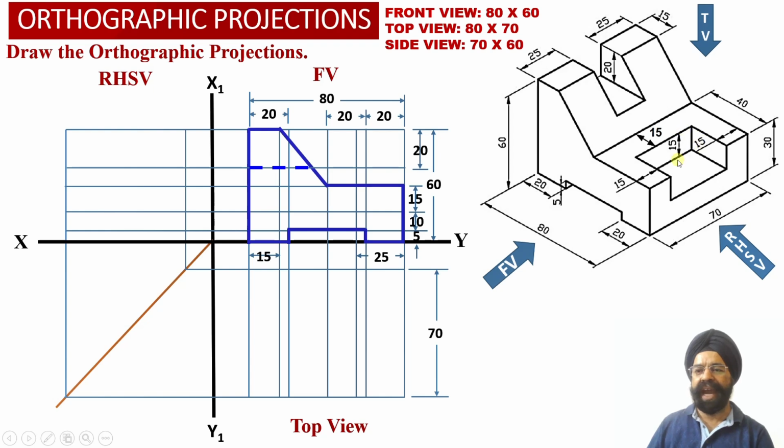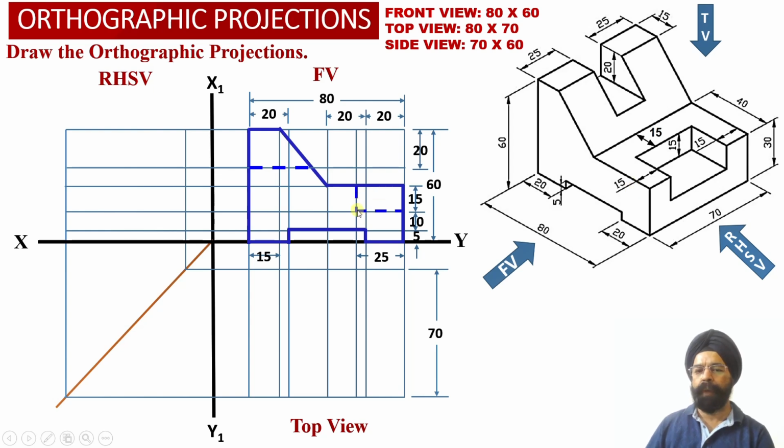Now we also know that there is a rectangular slot over here. So we know that this height is 15 millimeter, whereas this width is equal to 25 millimeter. So this is 25 millimeter and this is 15 millimeter. So once again, this rectangular slot will not be visible to the observer from the front view orientation.